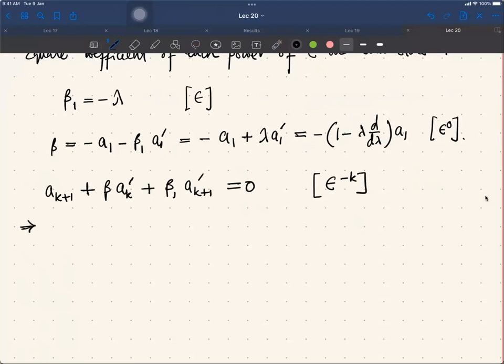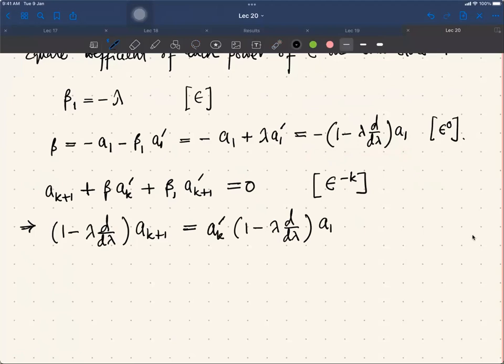And this can be written as 1 minus lambda d/d lambda of a k plus 1 equals minus a k prime times beta on the right hand side, but minus beta is, according to this equation, 1 minus lambda d/d lambda acting on A1. So these are the three equations that we get.